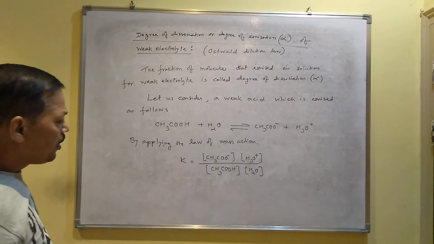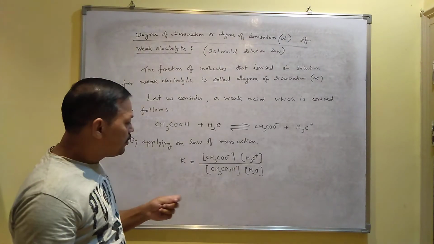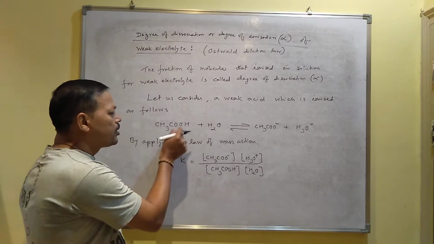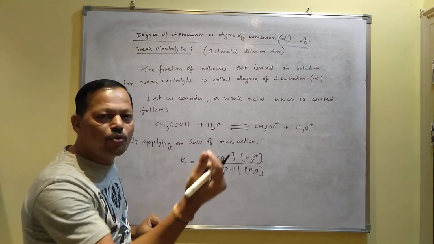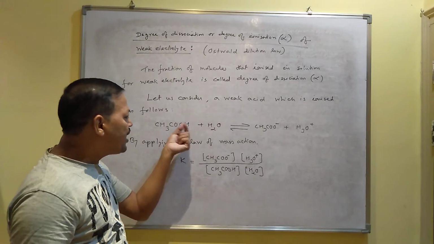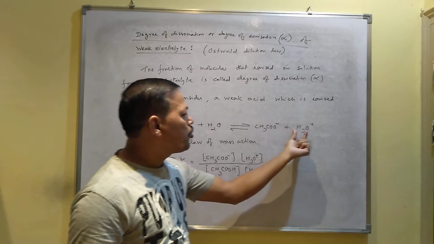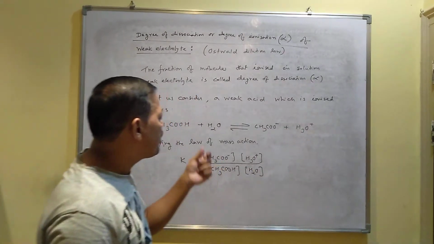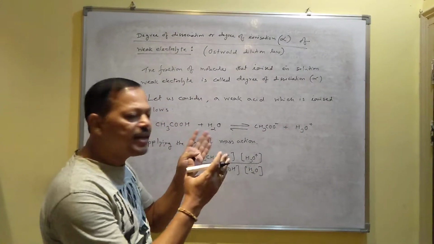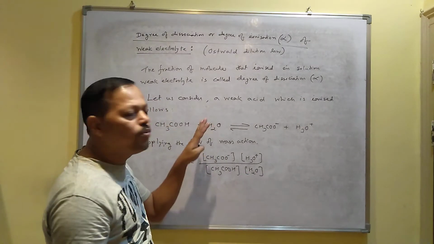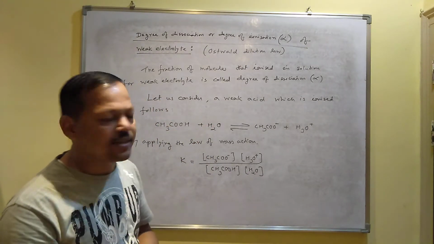Now, as you know, this is a weak electrolyte, so it releases a little amount of H plus ion, and that little amount of H plus ion combines with a little amount of water to produce hydronium ion, and that is why most of the water will remain as H2O. The concentration of water remains almost constant in the reaction.